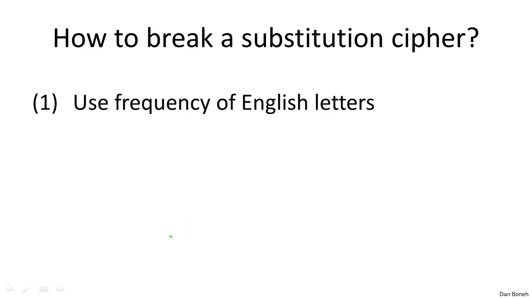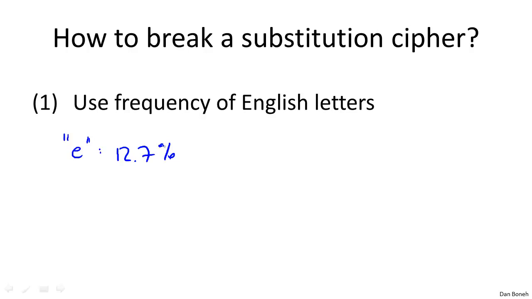So just given the ciphertext, we can already recover the plaintext. The way we do that is, first of all, using frequencies of English letters. So here's how this works. You give me an encrypted message using a substitution cipher. All I know is that the plaintext is in English. And I know that the letter E is the most frequent letter in English, and in fact it appears 12.7% of the time in standard English text.